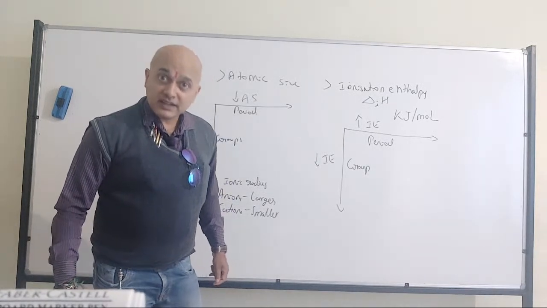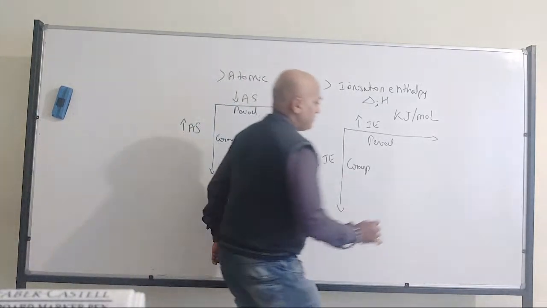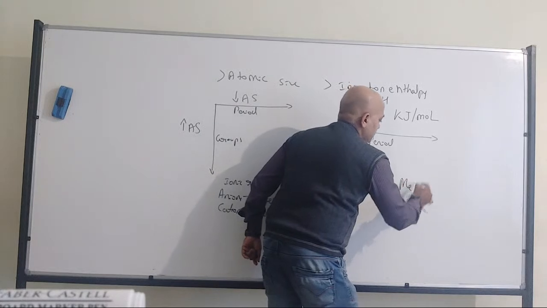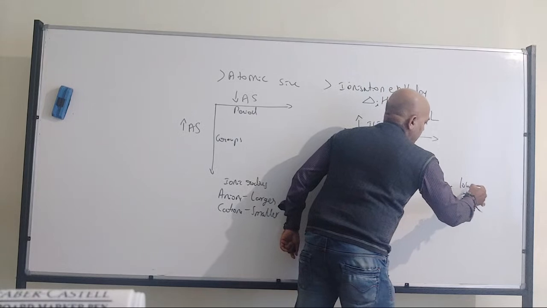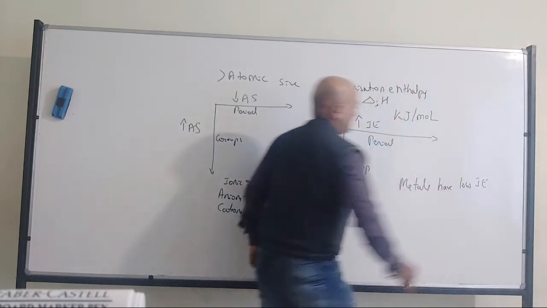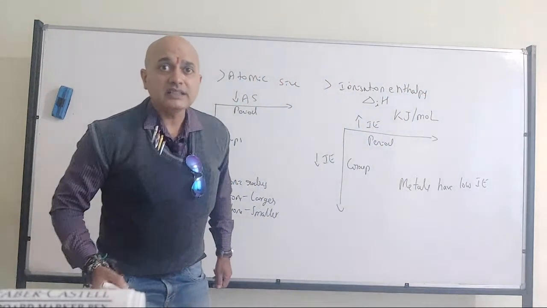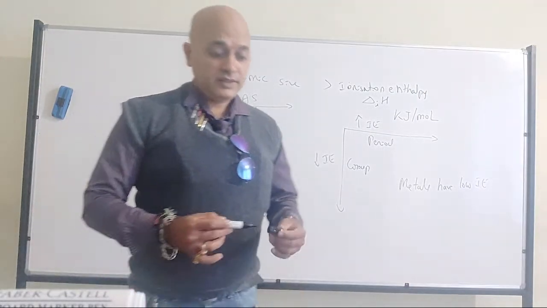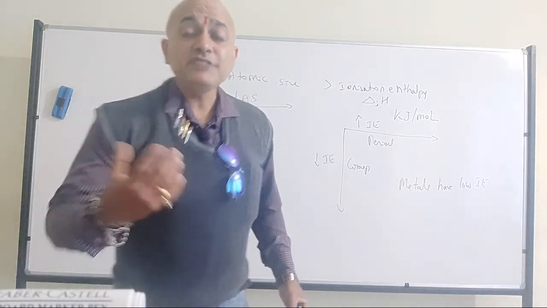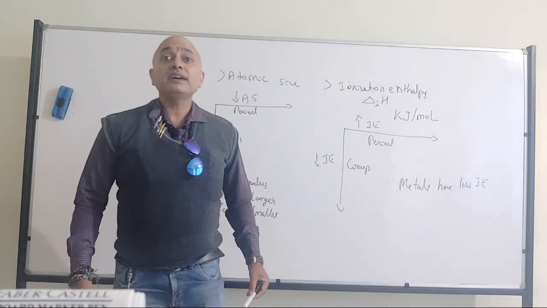Therefore, I can conclude that metals have low ionization enthalpy. All of you will agree? That means it is easy to remove the electron from the metals.